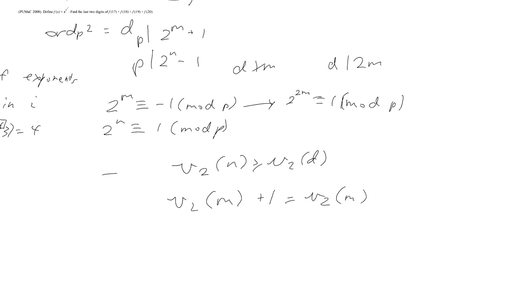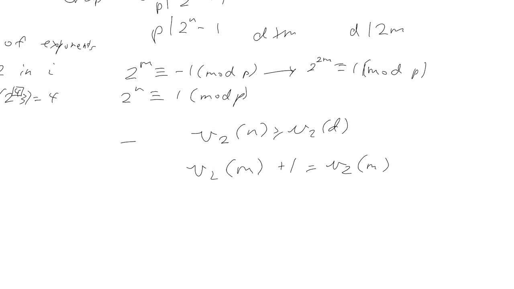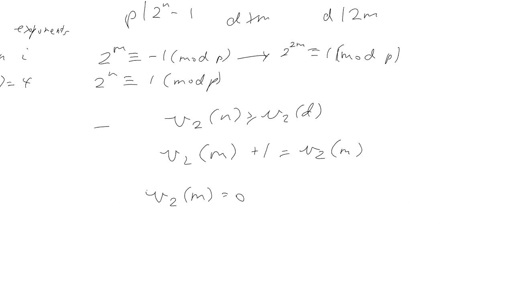Now we can use casework on v2 of m. If v2 of m equals 0, then m has 15 choices and v2 of n is greater than or equal to, wait, I made a typo here. This is supposed to be d.